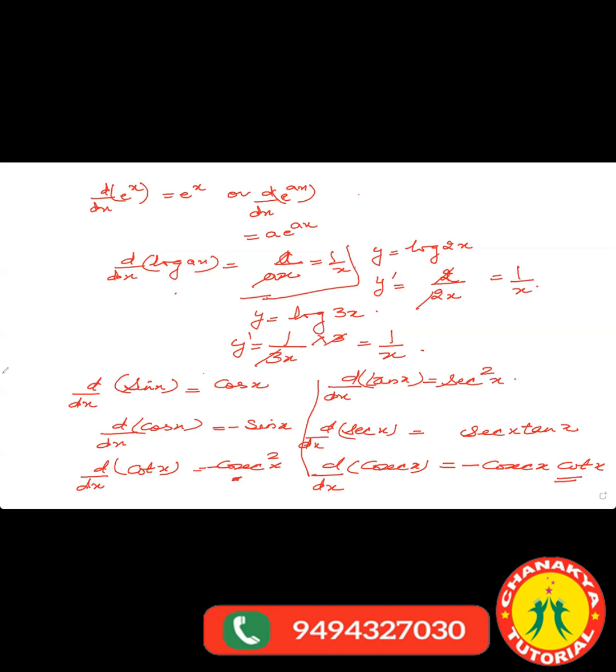Okay, now next is, suppose if any constant term is given. So differentiation of all the constant terms is always equal to 0. Suppose if we have to find the differentiation of 2, then it will be 0.